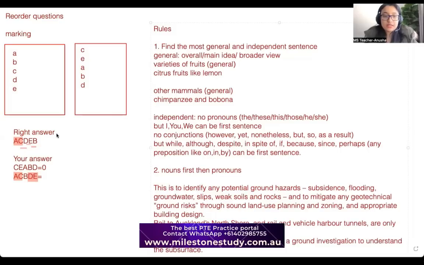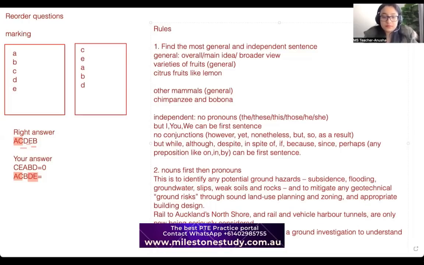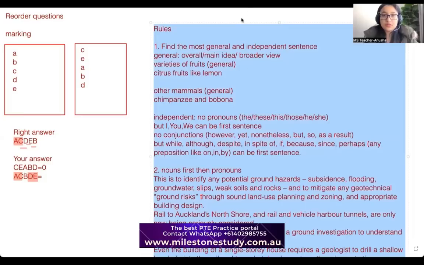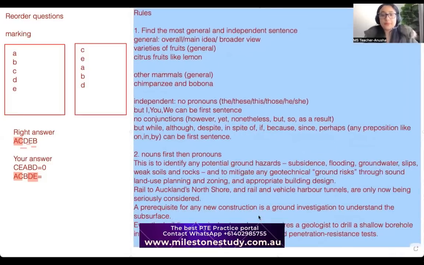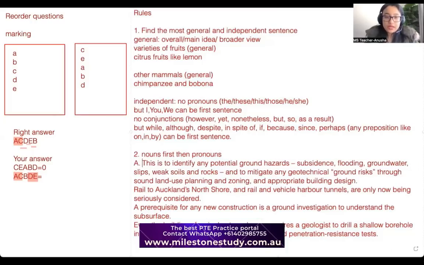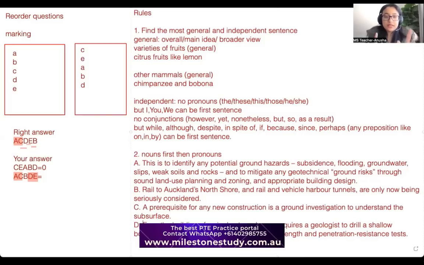I don't need to write these sentences. So here A, B, C, and D. This is to identify any potential ground hazards. Now tell me which sentence comes before A.